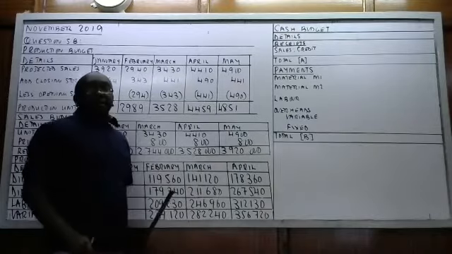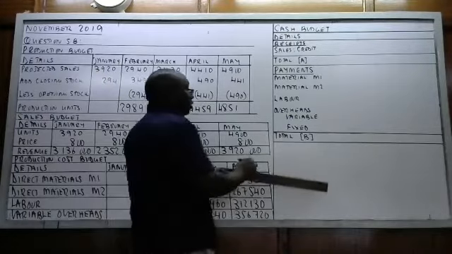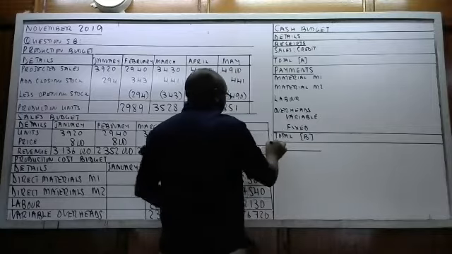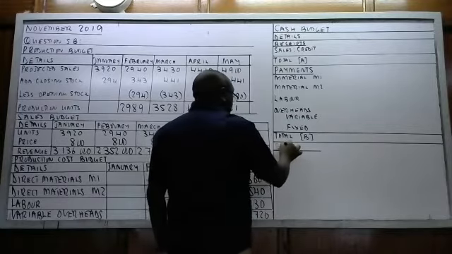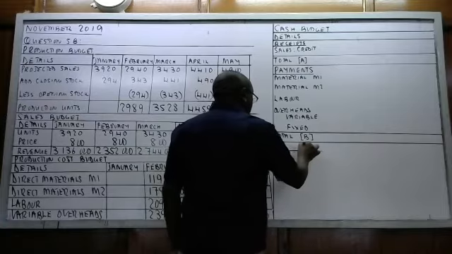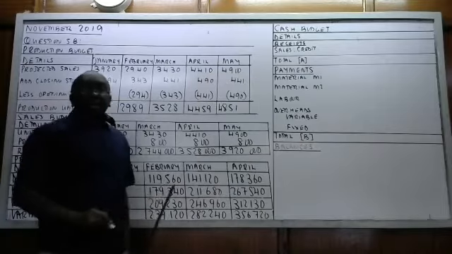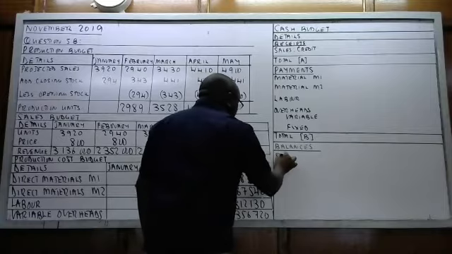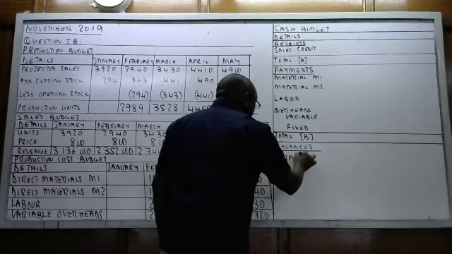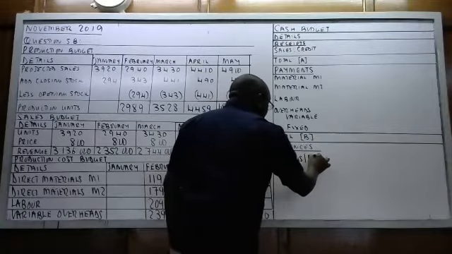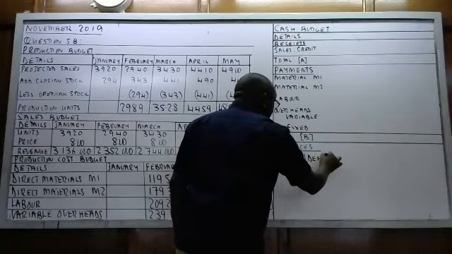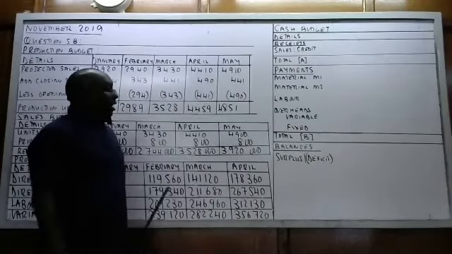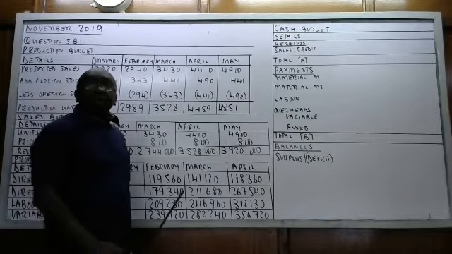After the total payments, we now go to the last part, which is called balances. In balances, you show first of all the surplus or the deficit. And deficit is usually in brackets.